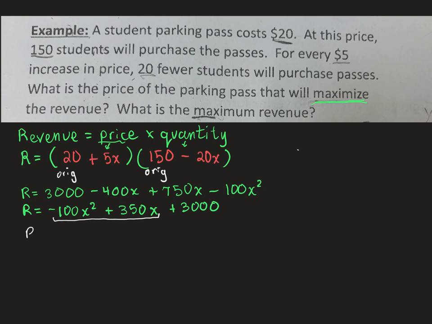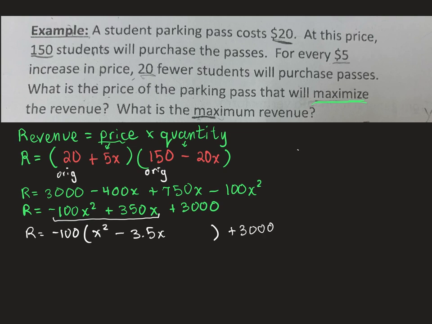So first thing, we do not want a number in front of x squared, so we're going to factor out negative 100 from both the terms that have x. So we'd be left with inside the brackets x squared and then minus 3.5x. Lovely. And then leave a little room and then plus 3,000 on the outside.